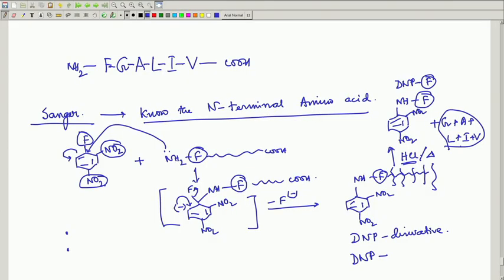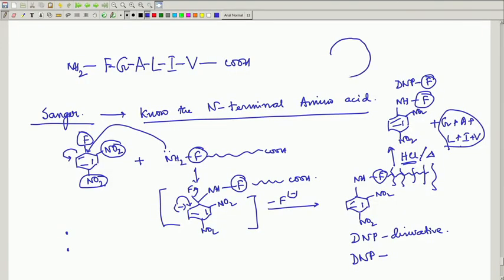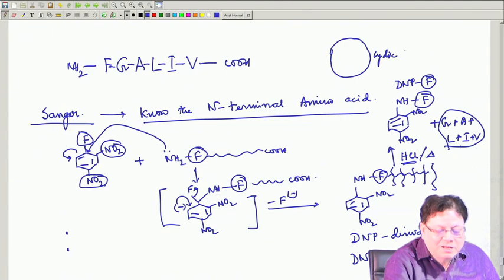But you know the first amino acid. You know why it is important? It is important because if a peptide is cyclic, or if the amine is somehow protected with something else. There are two cases. For a cyclic peptide there is no N-terminus or C-terminus.